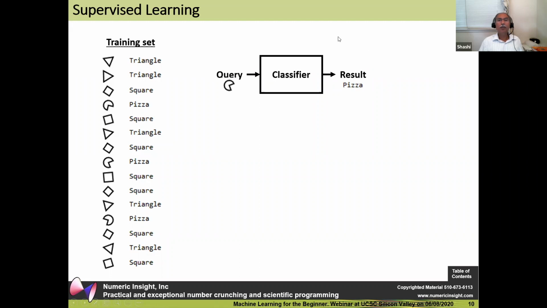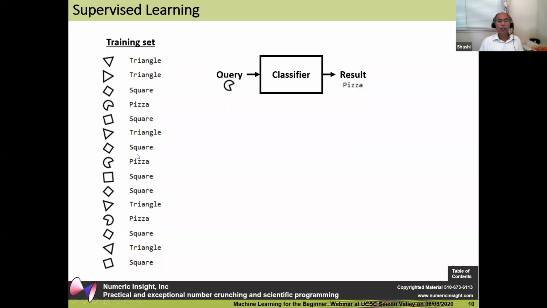This example, which I am showing you here, is doing the job correctly, but it's not good really. Why do I say it's not good? I say it's not sufficiently good because this query exactly appears in the training set.